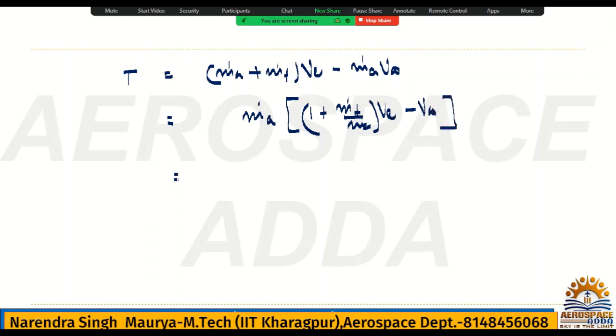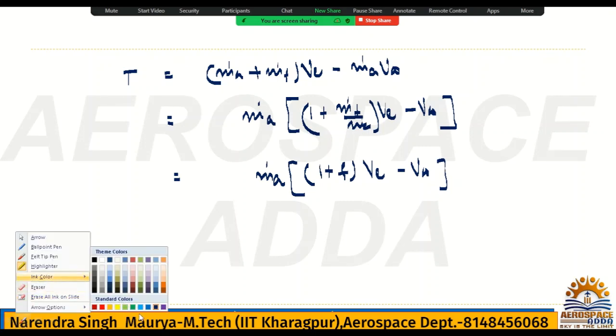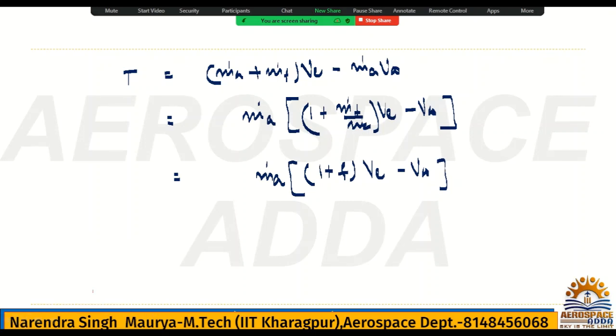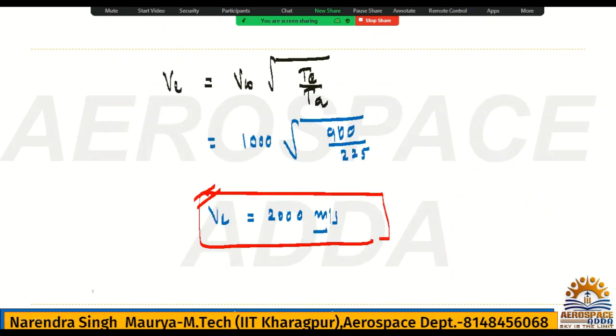So 1 plus m dot f by m dot a, which is nothing but fuel air ratio. You have to check whether fuel air ratio they have given to us or not. If they have not given, check in the problem, fuel air ratio they have not given to us.